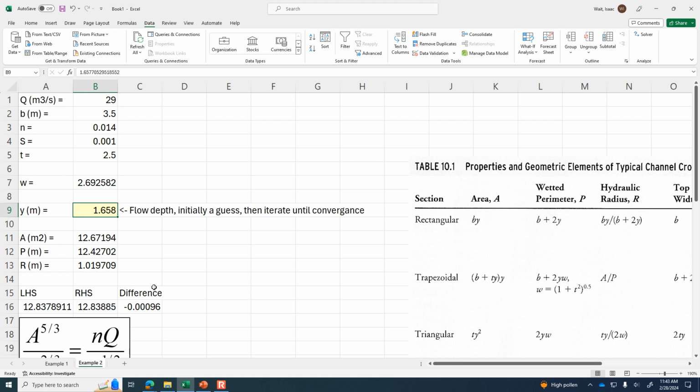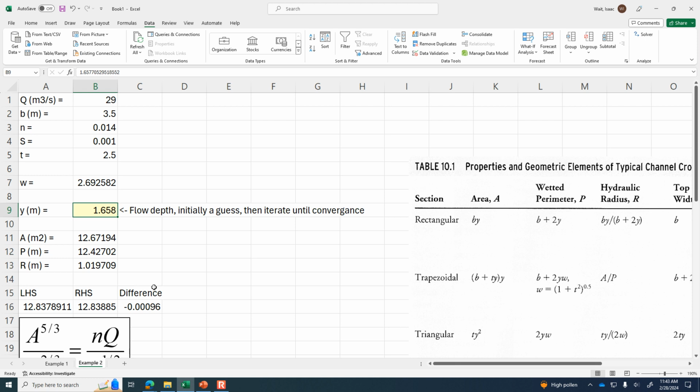If you've got your calculator in Casio mode, you could do the same thing. Once you've got Manning's equation loaded into the memory, maybe you should just keep it in there for the whole semester. All you have to do is go back through, redefine S, N, B, T, Q, and then solve whichever variable you're trying to find.